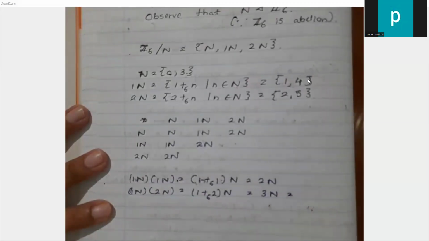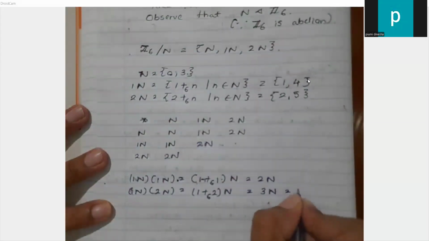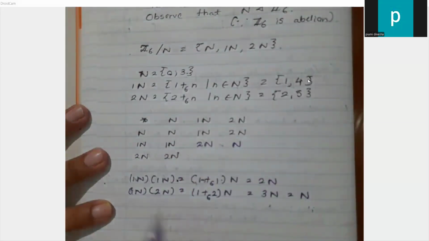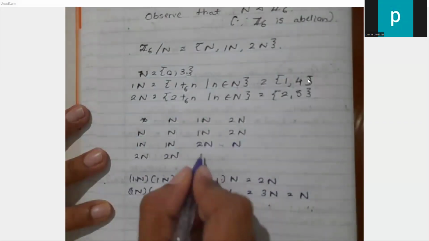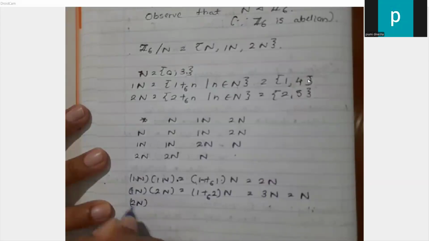But now we don't see any 3N over here. What does this equal? It's equal to N, because 3 is an element inside N. So this over here becomes N. Once again, 2N times 1N is also N. To find this element, you have 2N times 2N.